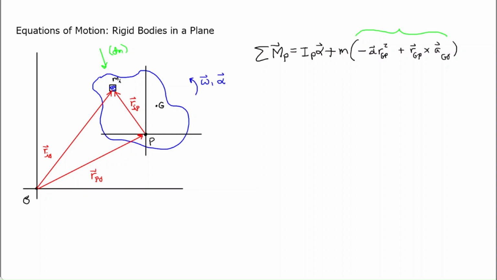Now we can do a little bit of rearranging, and we are very nearly there. Sum of moments about P equals. After I distribute the M through to this term, I'm going to have an I sub P term and some other things that both contain a common factor of alpha. So let me factor those out.